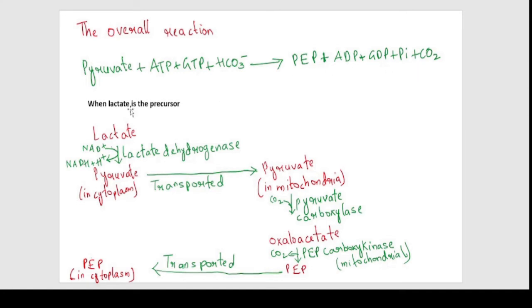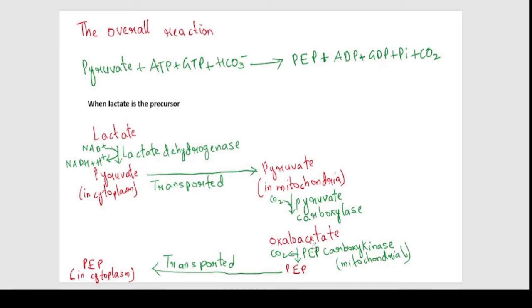So let's see the second method where lactate acts as the precursor. Here lactate has to be converted to pyruvate, which is done in the cytoplasm by the enzyme lactate dehydrogenase. In this reaction, 1 NADH molecule is produced. This pyruvate, which is formed in cytoplasm, is transported to mitochondria, where it is converted to oxaloacetate by the enzyme pyruvate carboxylase.